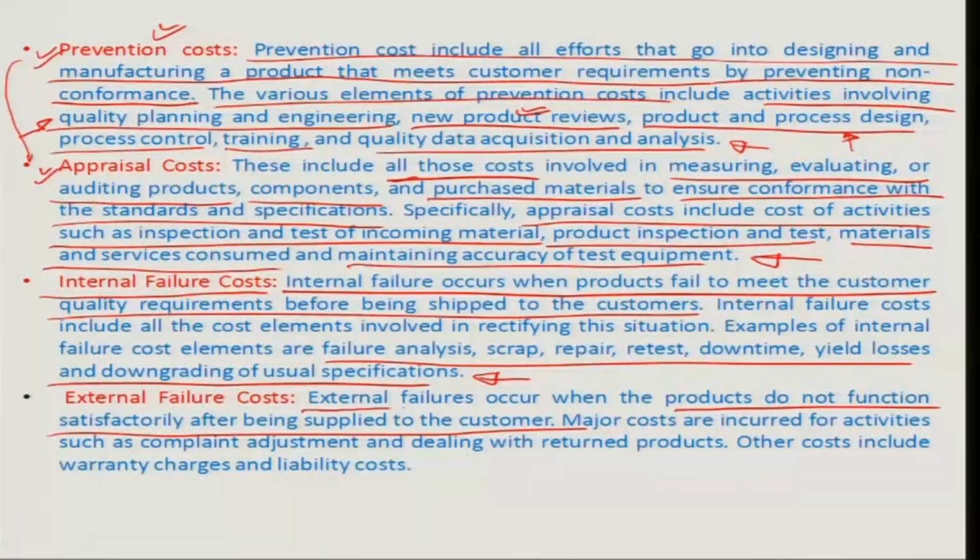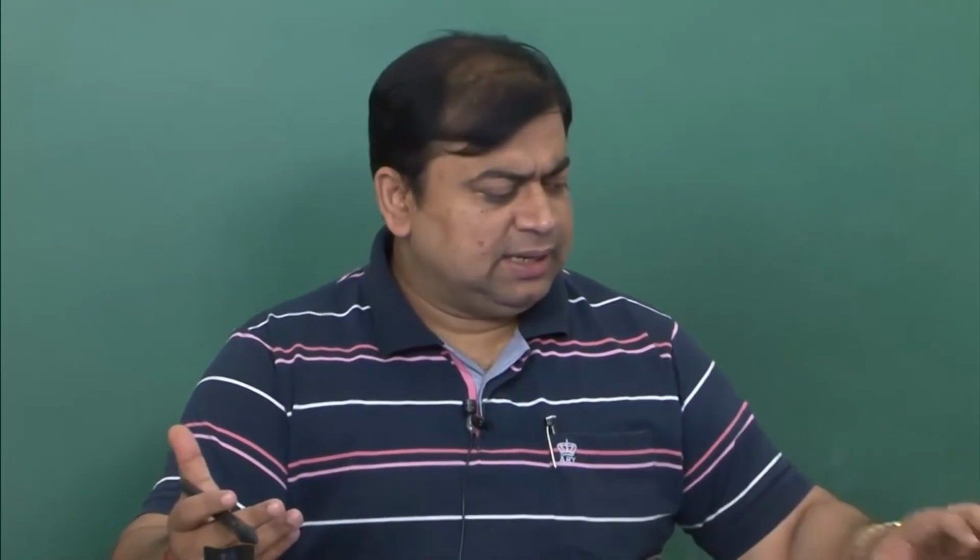Okay, so therefore external failure costs by and large should be avoided, although there are certain issues which would happen with time. For example, when there is a dynamic machinery and it is being used for a very long time, for many cycles, there is bound to be some deviation in the particular machinery.